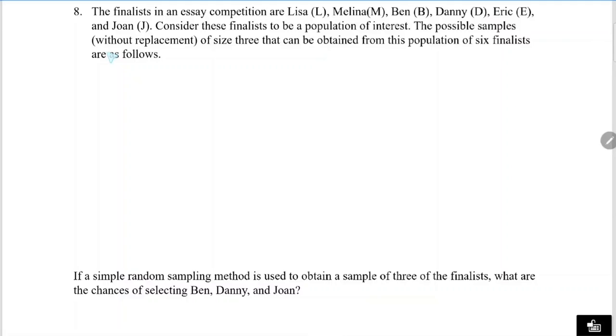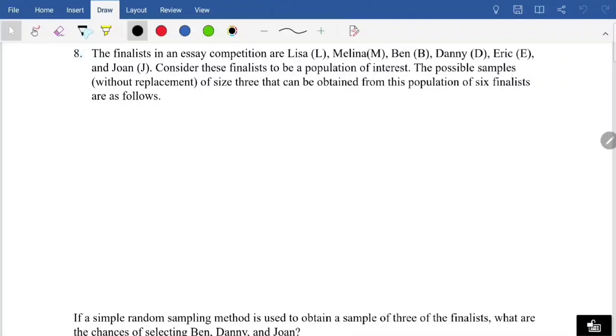The possible samples without replacement of size 3, and this is very important, that can be obtained from the population of 6 finalists are as follows.